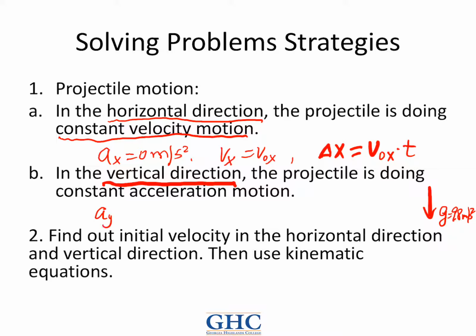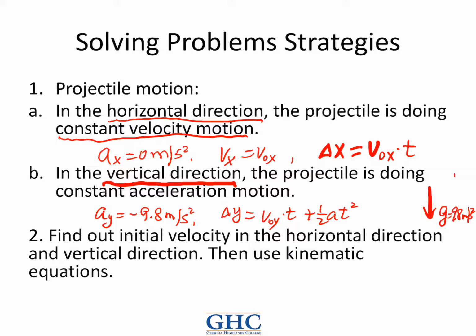So a_y is negative 9.8 meters per second squared in the y direction. So the velocity in the vertical direction does change. And so the kinematic equation we usually use in the y direction is displacement equals initial velocity in the y direction times time plus 1/2 a t squared.